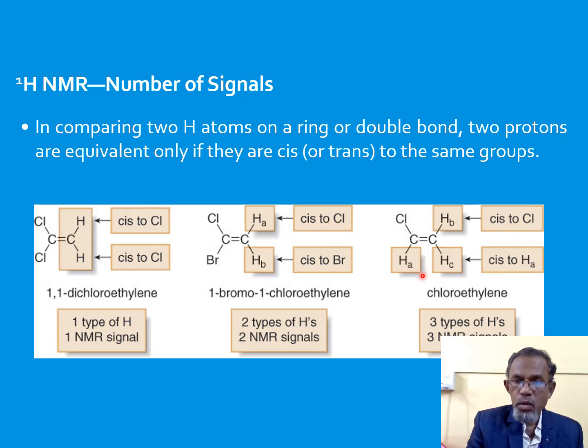Why do we get three types of protons? Because this proton is cis to the chlorine, whereas this Hc proton is cis to the Ha proton. But this Ha proton environment is different. Thereby, though it is a cis type of compound, we get three signals.